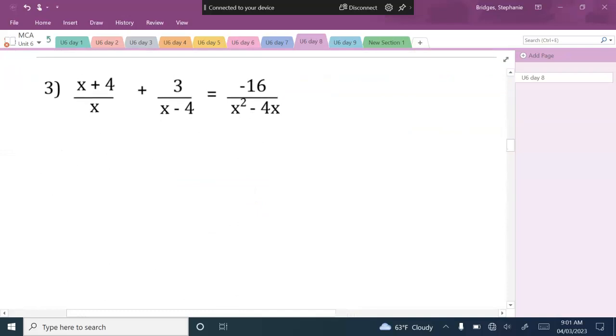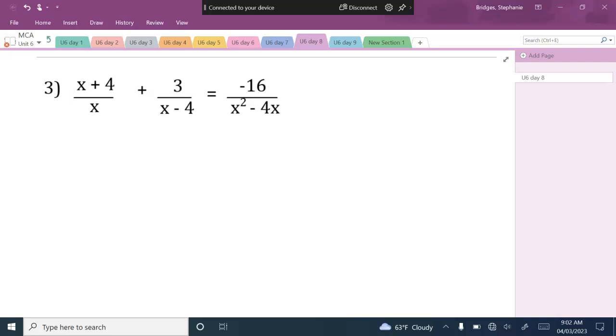I would like for you to start with number 3. Start with your first step, which is to go through and factor all of your denominators if you can. Factor whatever you can. Once you get your denominators factored, then go through and figure out what your restrictions are.